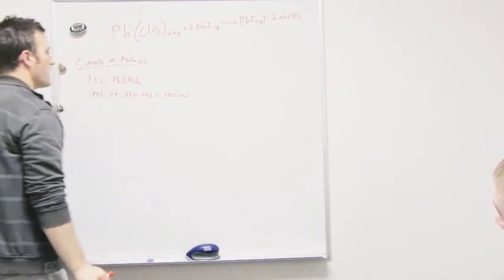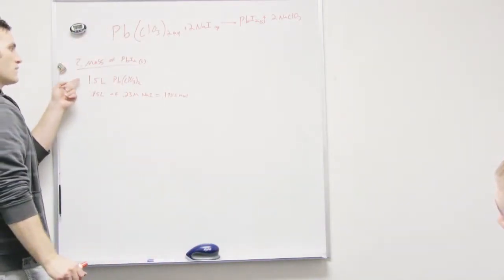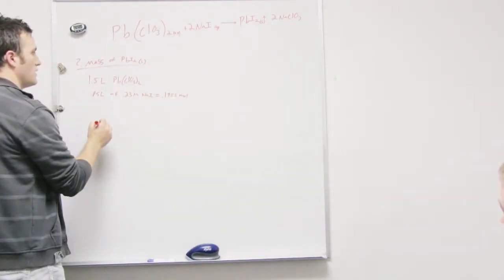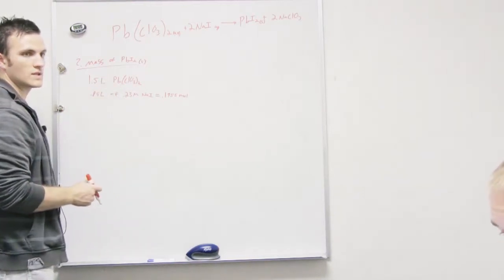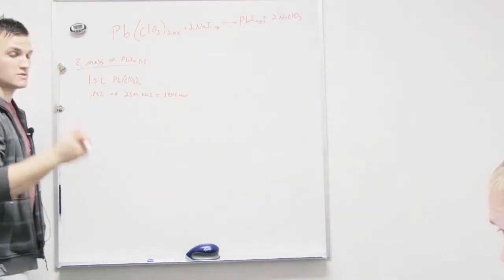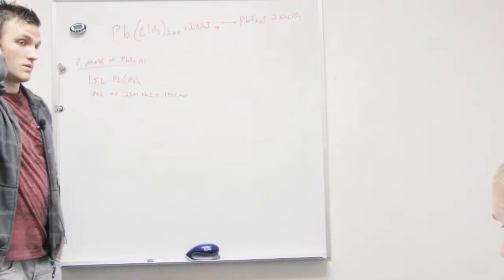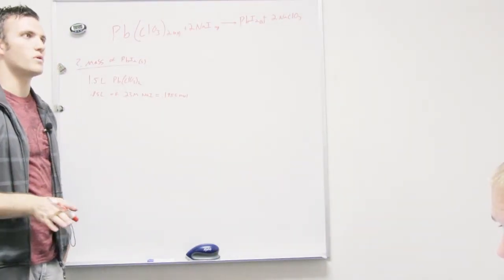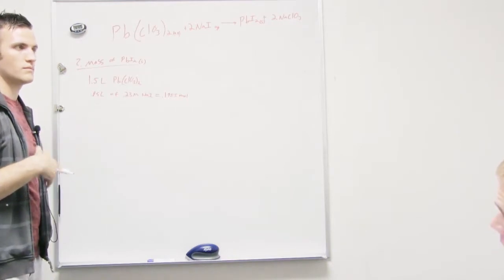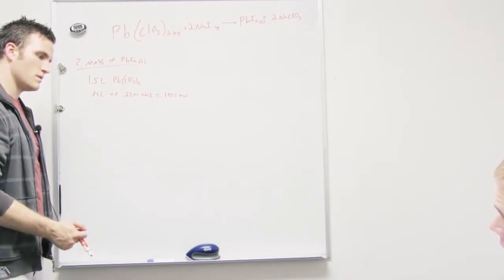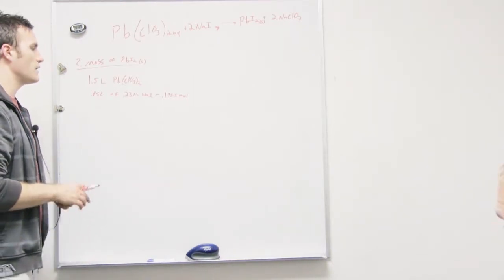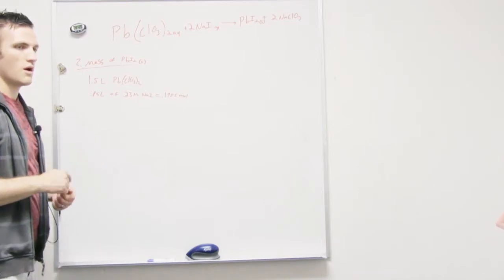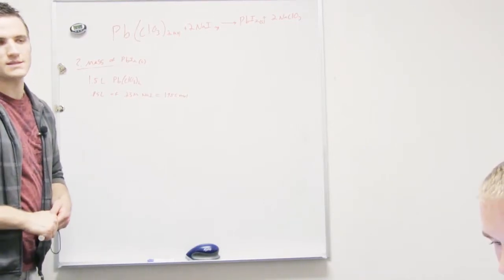Okay. And then we could do something similar with this one. We have, oh, it said concentrated, right? Do they want us to assume 1 molar? I don't know, because in OChem, concentrated sulfuric acid is like 60%.